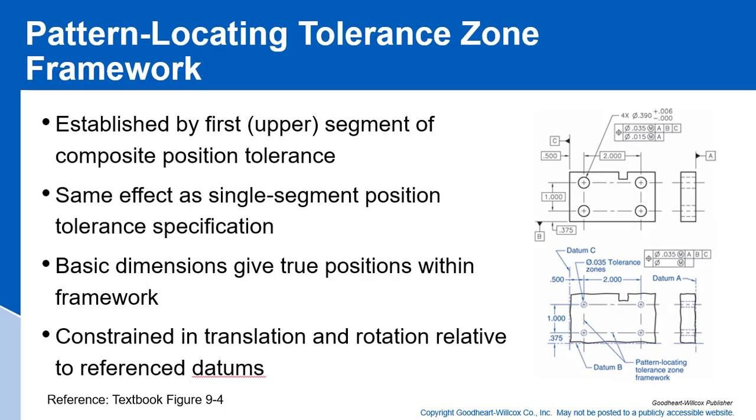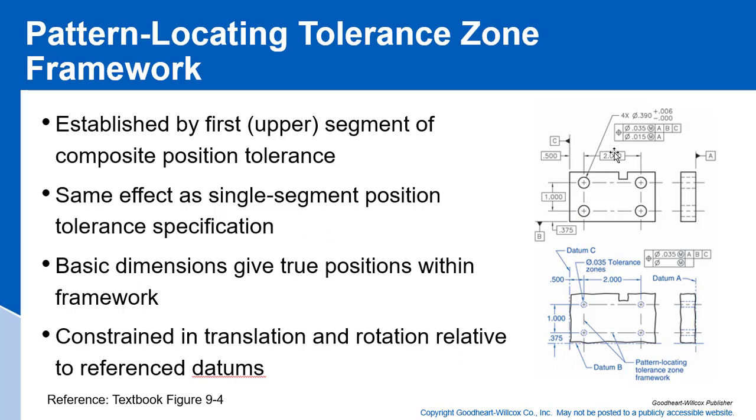So let's talk about the pattern locating tolerance zone framework. This is established by the first or the upper segment of the feature control frame, and it really has the same effect as a single segment position tolerance specification like we discussed in Chapter 8. The basic dimensions will give the true positions within the framework.